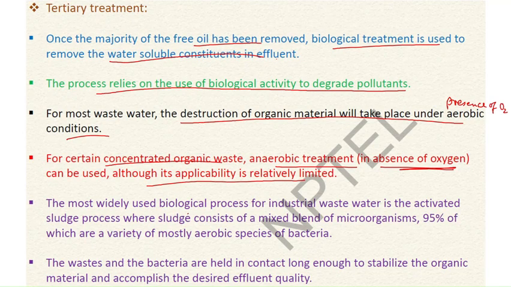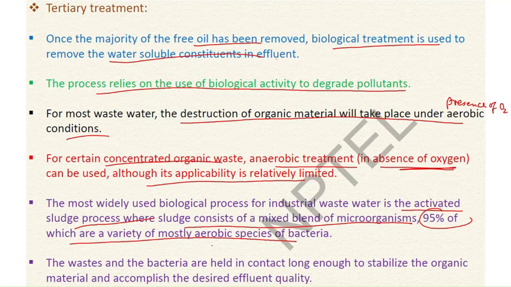The most widely used biological process for industrial wastewater is the activated sludge process, where the sludge consists of a mixed blend of microorganisms, 95% of which are a variety of mostly aerobic species of bacteria. Okay. These bacteria will digest the waste which is soluble in water.